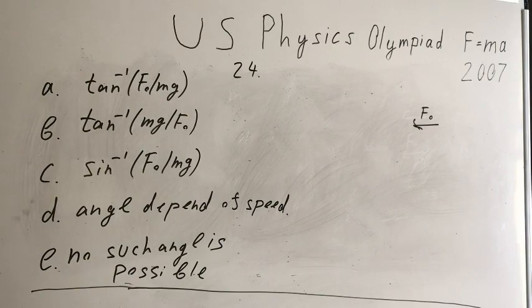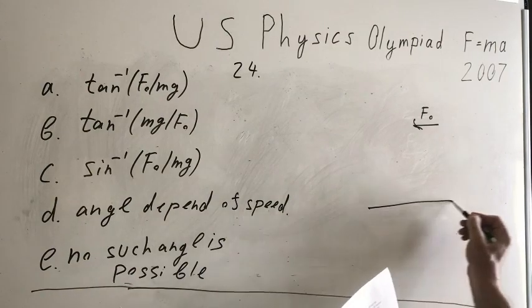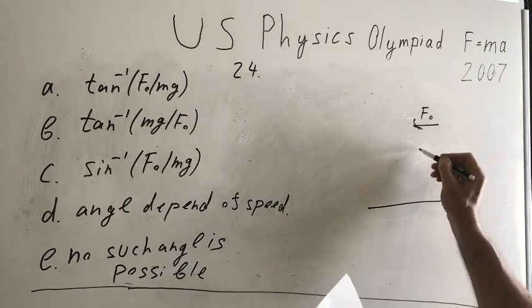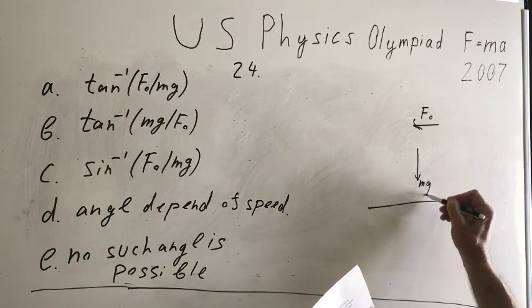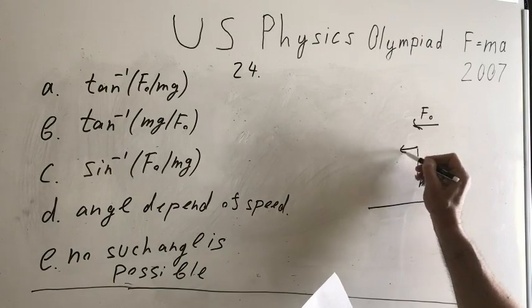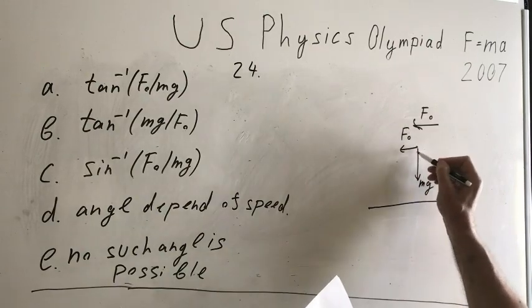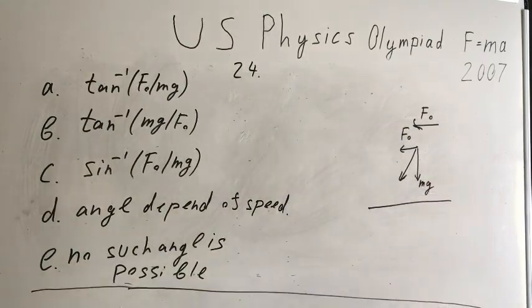To solve this problem we can just make a picture and see that the resulting force of mg and F0 is going this way. That will be our effective force, like effective gravity.